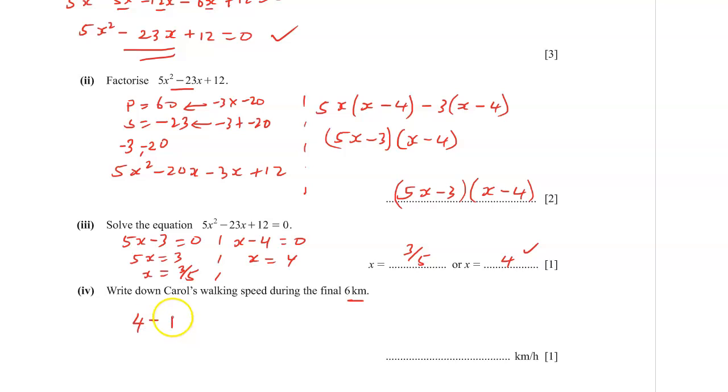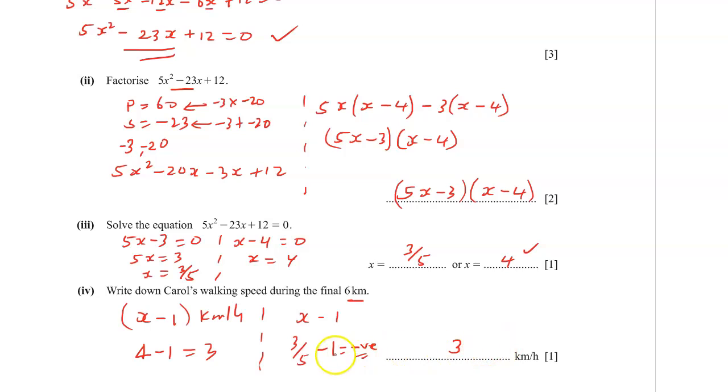The speed was x minus 1 kilometers per hour, so x is most likely 4, not 3 upon 5, which is less than 1. So 4 minus 1 is equal to 3. So it was 3 kilometers per hour. If, for example, x is 3 upon 5, minus 1, then our speed will be negative, which is not possible. So this is not correct. This is right.